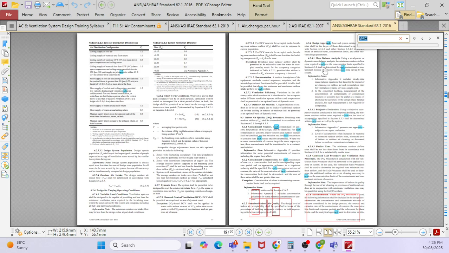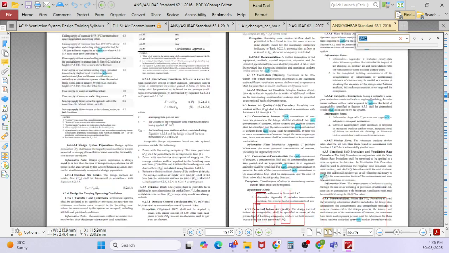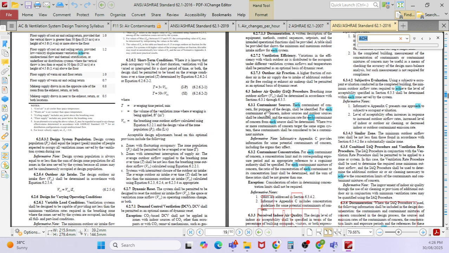Here also they explain about contaminant sources and contaminant concentration.